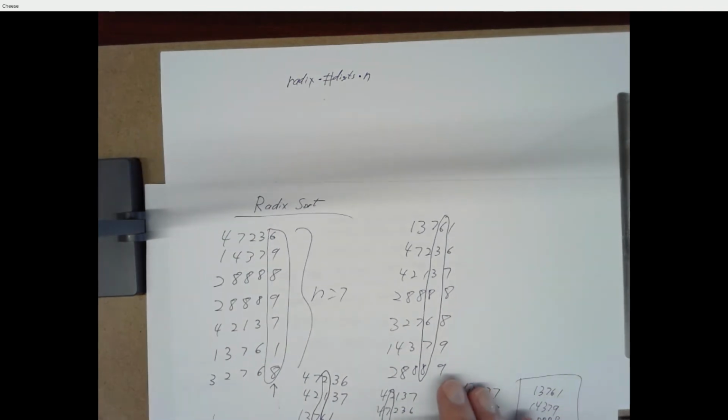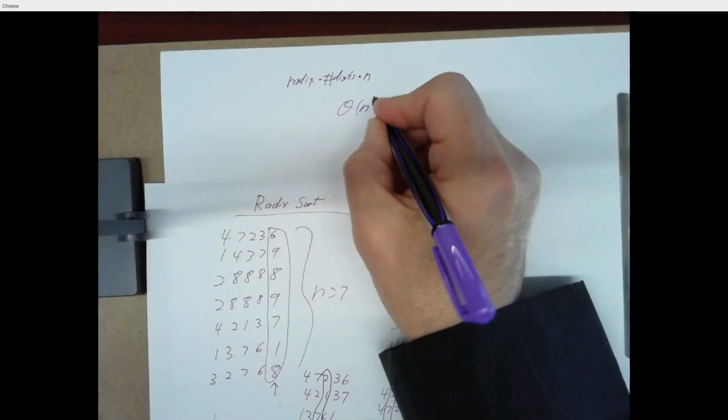So it's order n times the number of digits times whatever base you're working in. Well, if we're working base 10 and we're working with 10-digit numbers, this is order 100n. It's still technically order n.